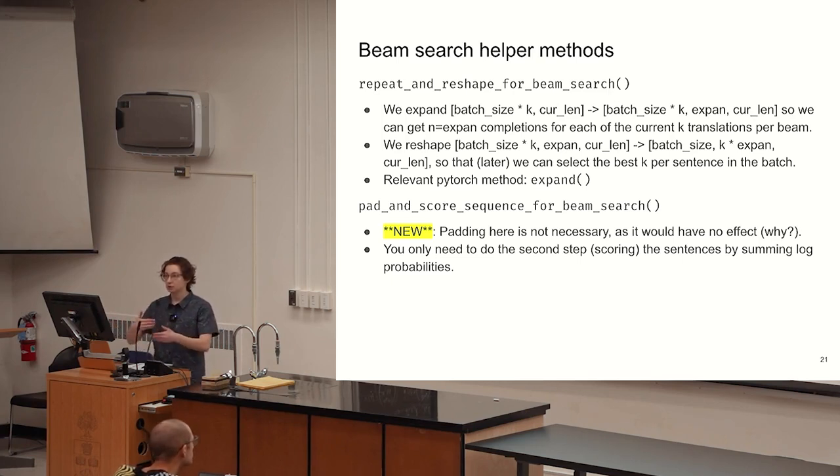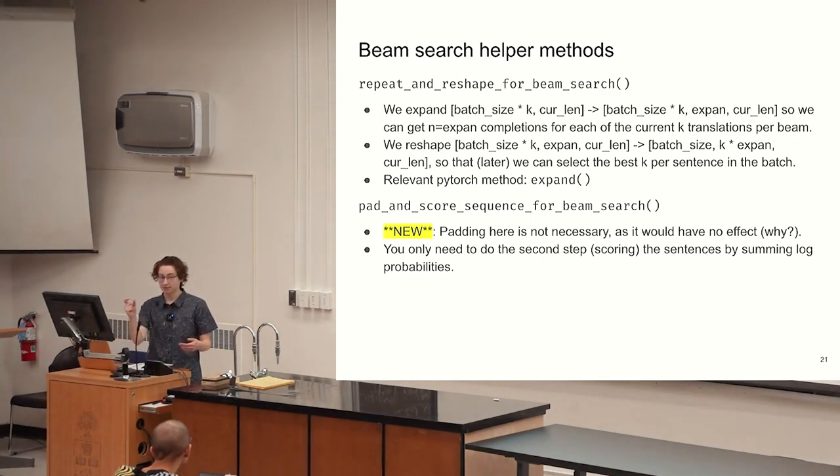In the beam search decode method, on each step, it checks whether a translation has completed. A translation is completed if it ends with the end of sentence token. And then it removes those from the set that are being passed through this generation process. So that means that all of the sentences that have been completed when they're being passed to this method have just been completed.